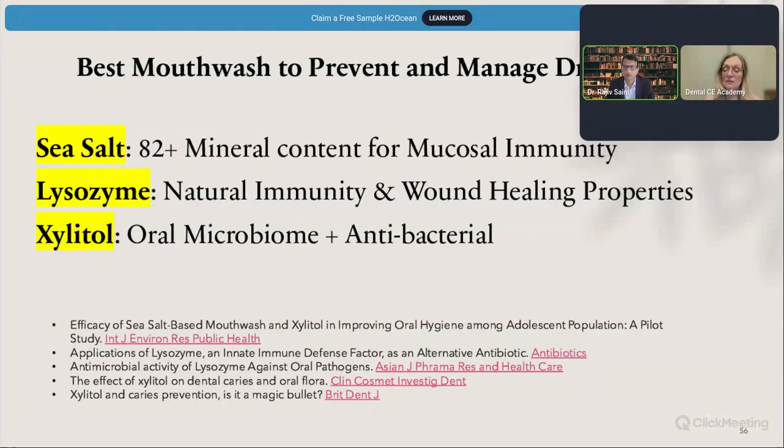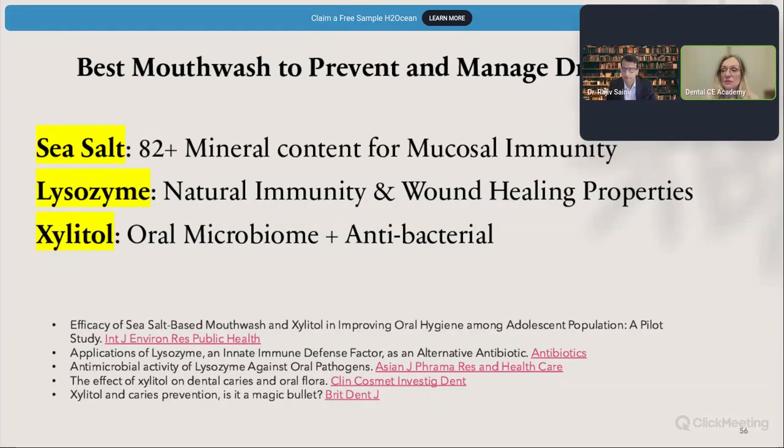So it is not equivalent to sea salt coming directly from the Red Sea, a natural environmental protected area, and one of the most unrefined, hand harvested sea salts that contains 82 plus minerals.